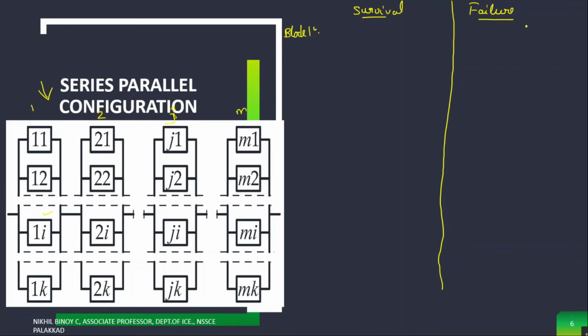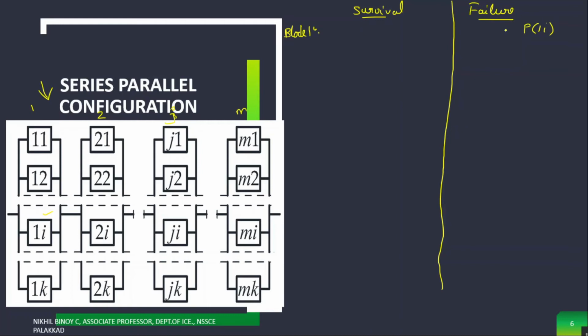That is P of 1I. P of 1I is the failure of this first element, right? P of 1I is the failure of the 1I element.